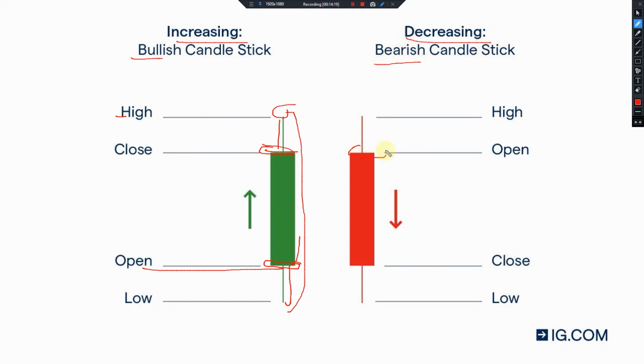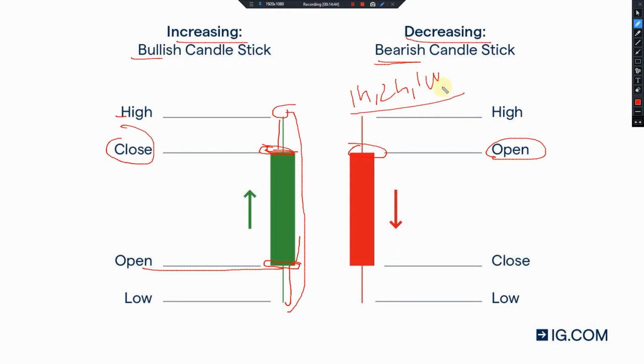Now in the bearish candle, which is a decrease in price, the price opened at a higher price. It opened here. Just remember that in the green candle, this is the close, meaning during that period of time the price closed above. A candle can represent any time frame, maybe 1 hour, or 2 hours, or 1 week.